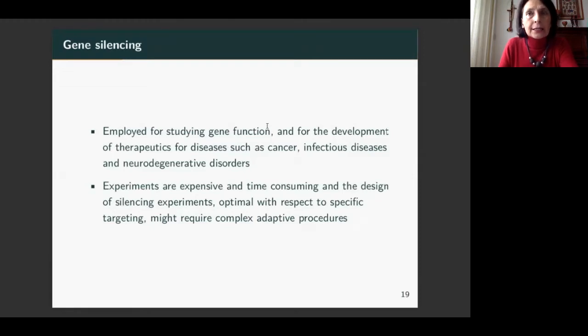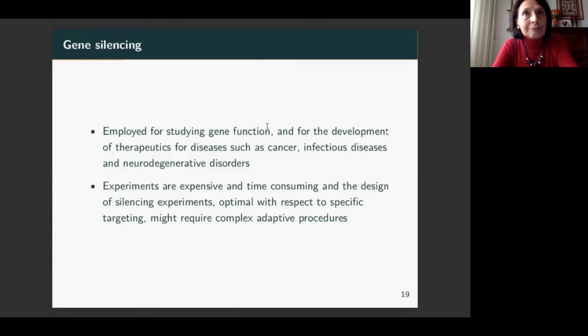It is an extremely powerful experimental technique, and it is probably worth recalling that the first RNA interference-based therapy was approved by US regulators in August 2018. But despite this potential, experiments are very difficult to perform.